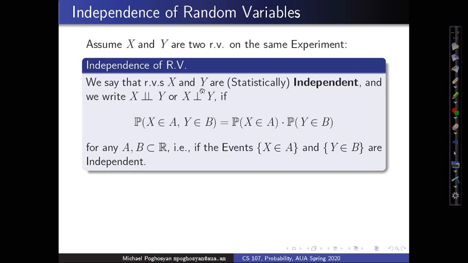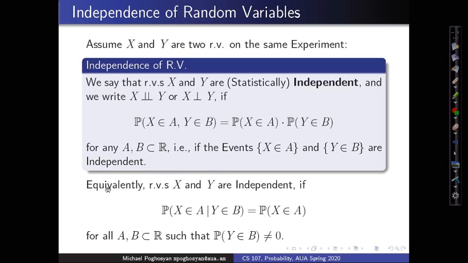So X and Y, two random variables, are independent if for any sets A and B, these two events are independent. Or in an equivalent form, X and Y are independent if the conditional probability that X is in A, given that Y is in B, is equal to the unconditional probability that X is in A for all A and B such that the probability of Y being in B is non-zero, to be able to calculate this conditional probability.